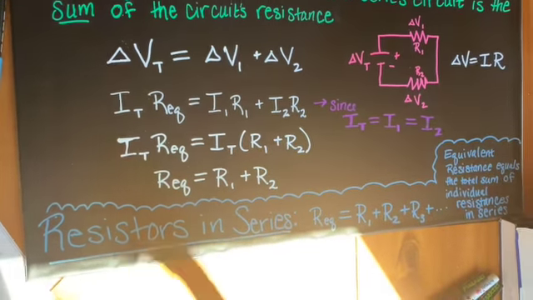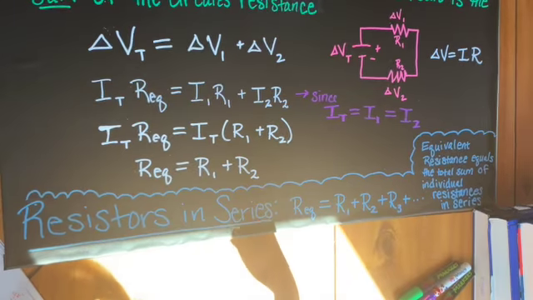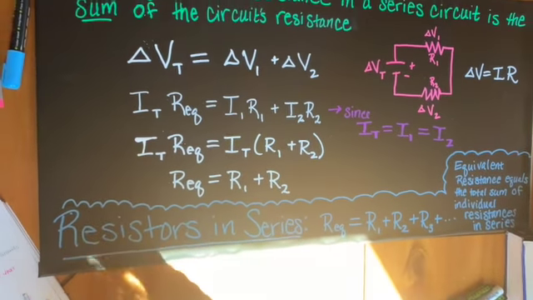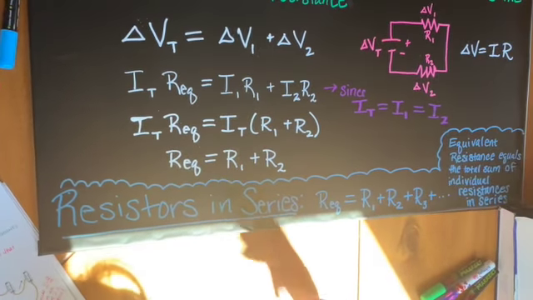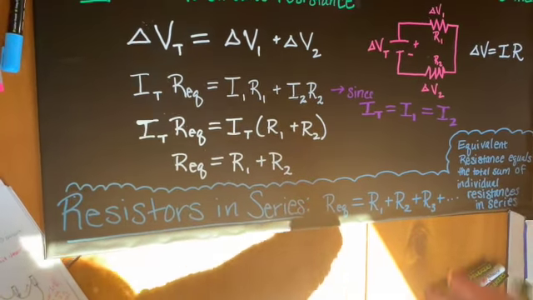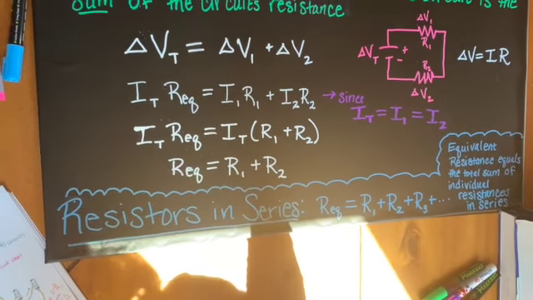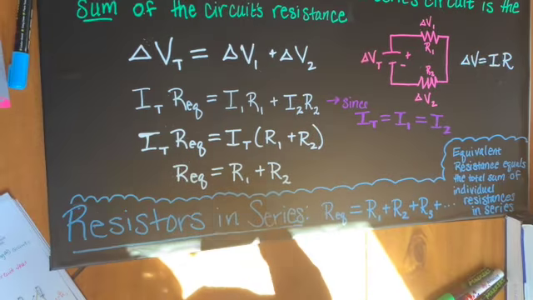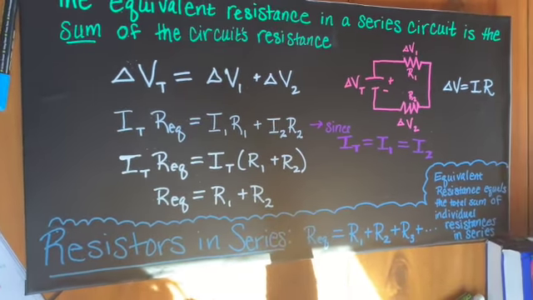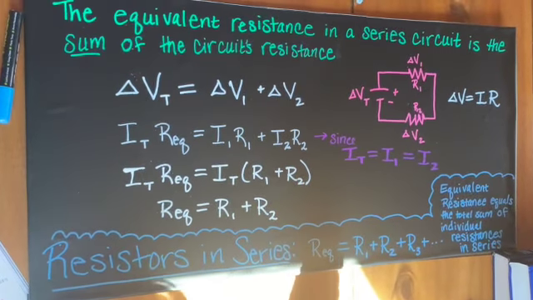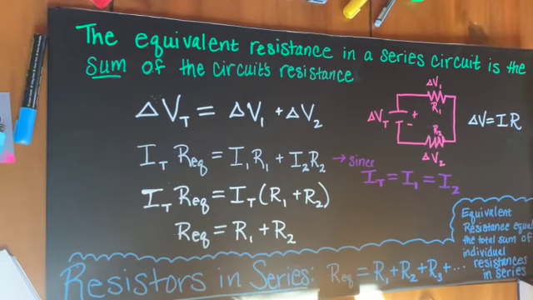So it doesn't matter how many of these resistances you have, they all add together if the bulbs are in series, and they come up with our total equivalent resistance is equal to R1 plus R2 plus R3 and so on, okay? So if you have light bulbs that all have the same resistance, if you say I have 35 light bulbs in a string of lights and their resistance is 1 ohm, you would have 35 ohms for that entire string.